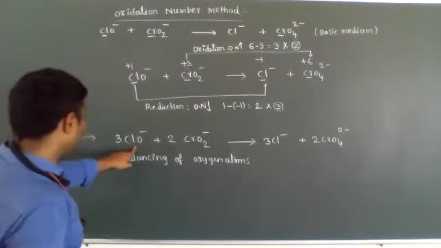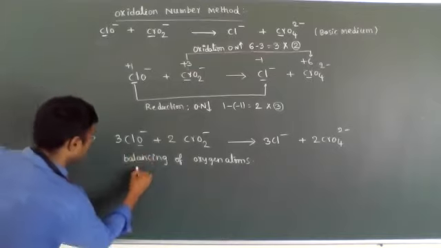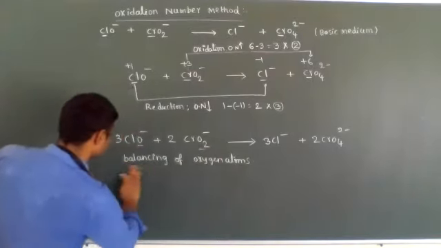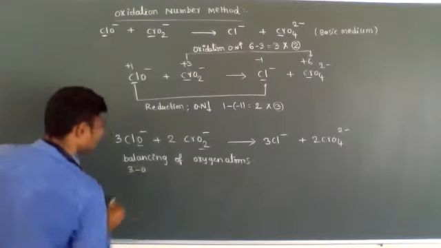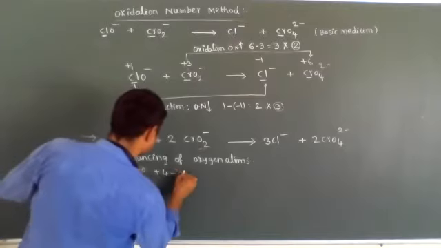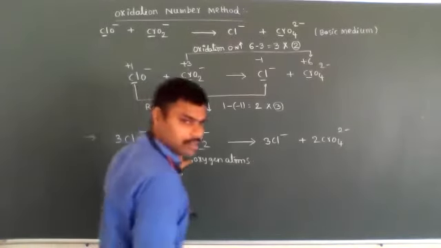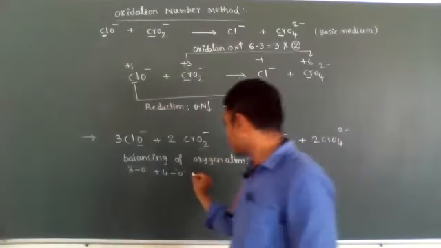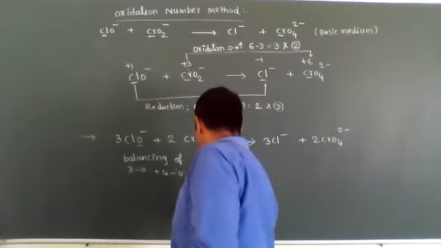See here, how many oxygen atoms are present? 3 oxygen atoms are present. And here, how many oxygen atoms? 2 into 4, so 8 oxygen atoms are present. On the other side, 3 plus 4 is equal to a total of 7 oxygen atoms.